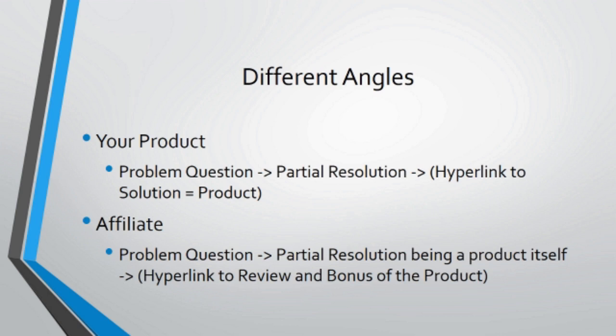But to get higher conversions, what you might want to do is problem question, partial resolution being a product itself, and then maybe a hyperlink to the review and bonus of the product.